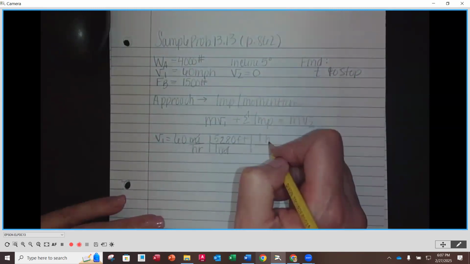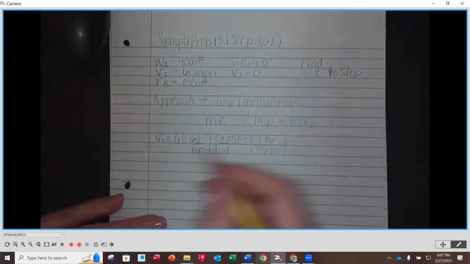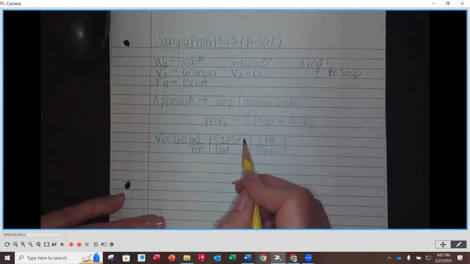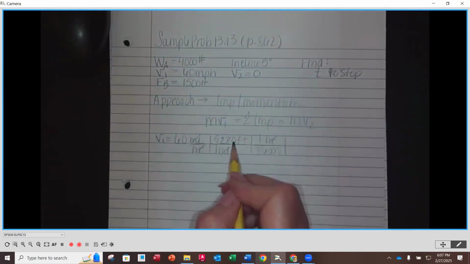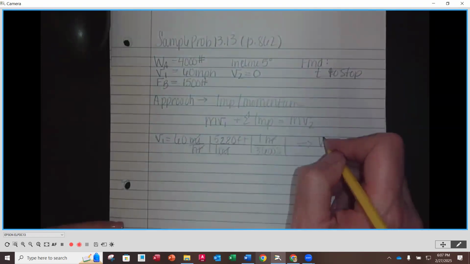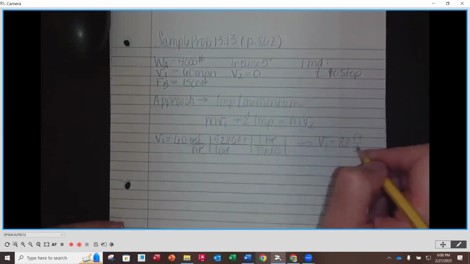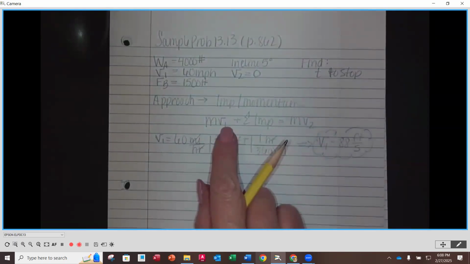And in 1 hour, there's 3,600 seconds. So now I'm in feet per second. So I'm going to take 60 times 5,280 divided by 3,600. And we should get velocity one equal to 88 feet per second. And that we're going to need up in this equation. All right. So it kind of takes care of that.